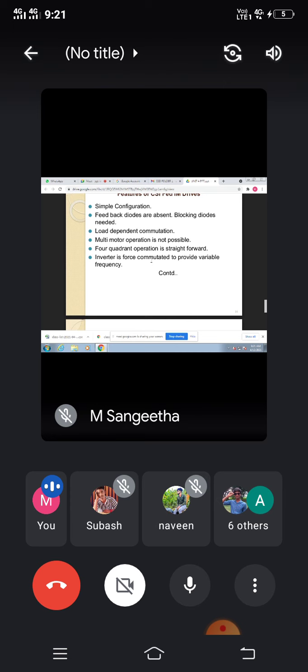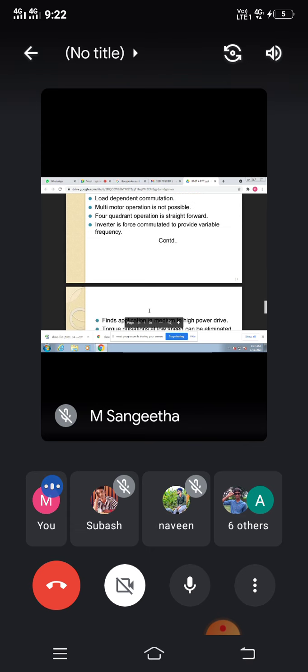During the commutation operation, the charges in the inductance and capacitor are applied across that commutator circuit, so we give a force to make the circuit turn off. This is forced commutation.